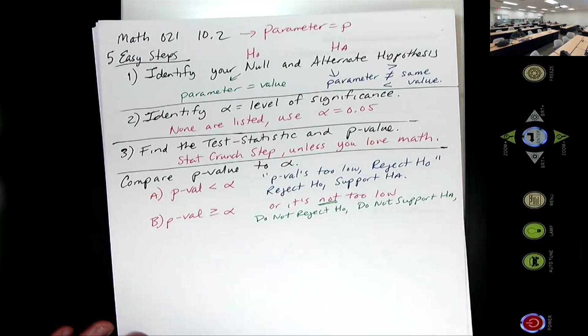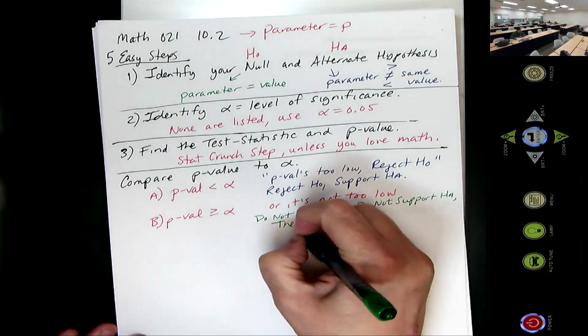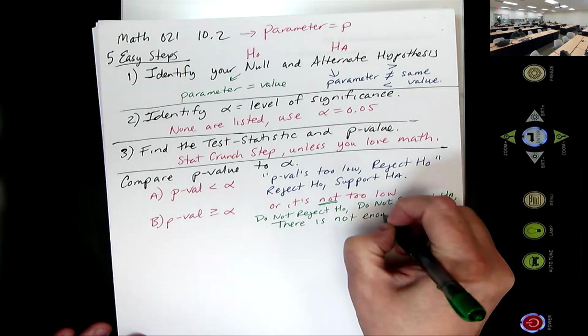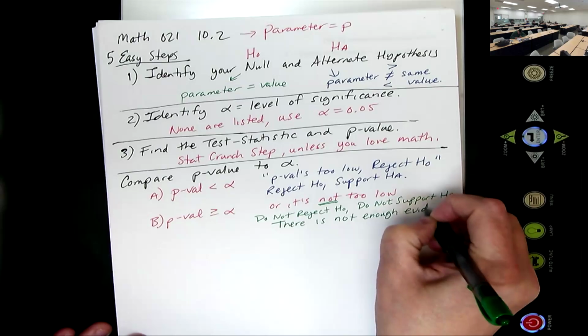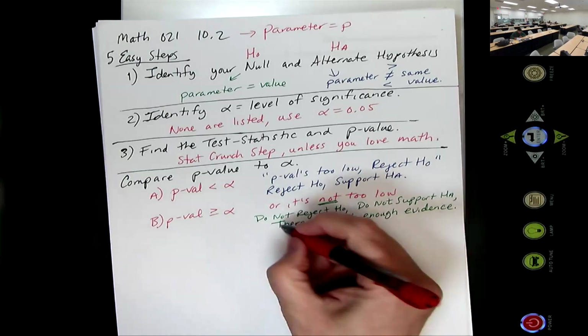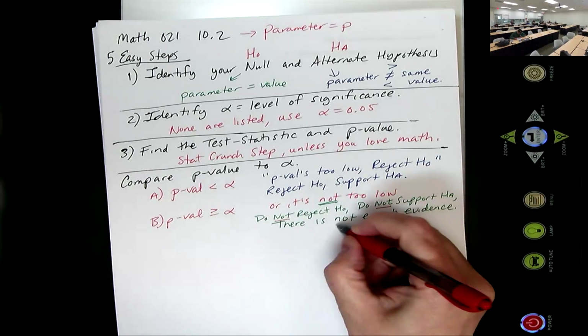And as you'll see when we're writing our sentence, there is not enough evidence. There's all sorts of nots.